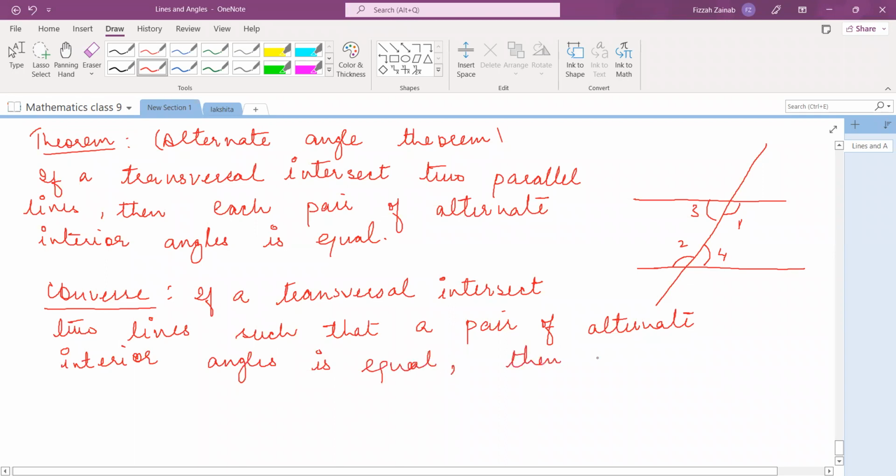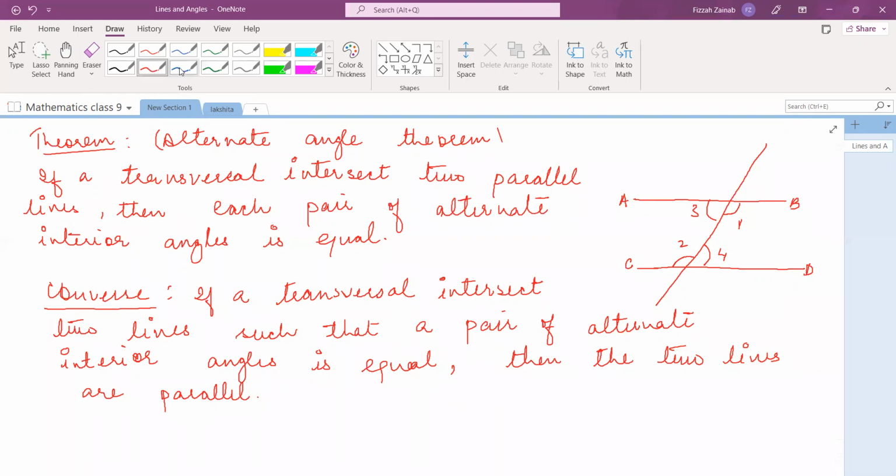Then the two lines are parallel. Right? Yes.